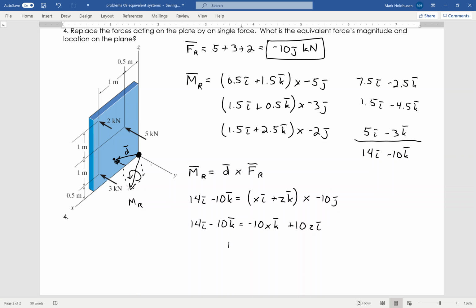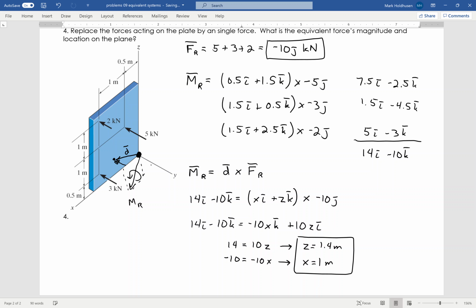So I have 14I equals 10zi, and I have negative 10k equals negative 10xk. So from each of these, I find that x has to equal 1 meter and z equals 1.4 meters.